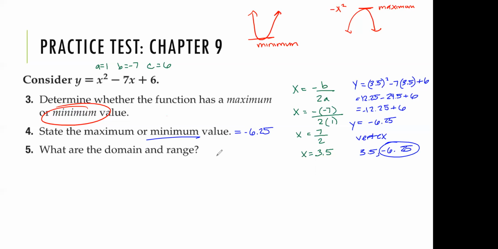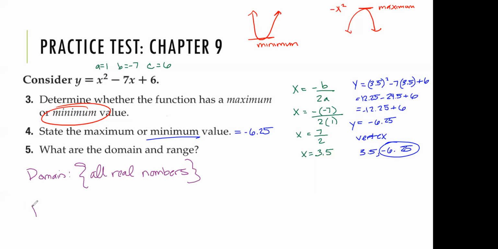Okay, then I need to find the domain and the range. So remember, domain are the x values, okay? So this parabola is opening upwards. It's just going to keep going in either direction. So my domain is going to be all real numbers.